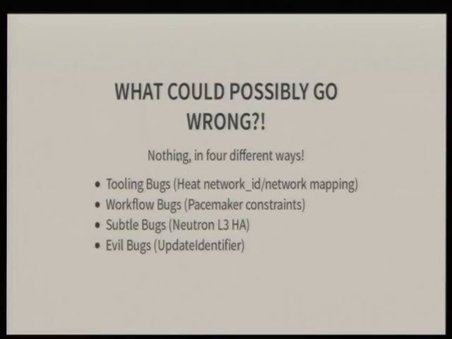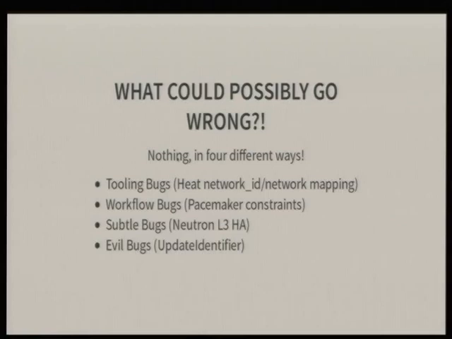And so the 4 different types. Let's see. One is what I'm calling the tooling bugs. It's just issues in the tooling that we use to run the update. So not tools that we manage by ourselves, but tools like Heat that Steven actually introduced before us. Another type of issues is bugs in the workflow. So bugs in the way we have implemented the update, which is causing troubles that we didn't think about in advance, or at least that we didn't think correctly during the planning part.